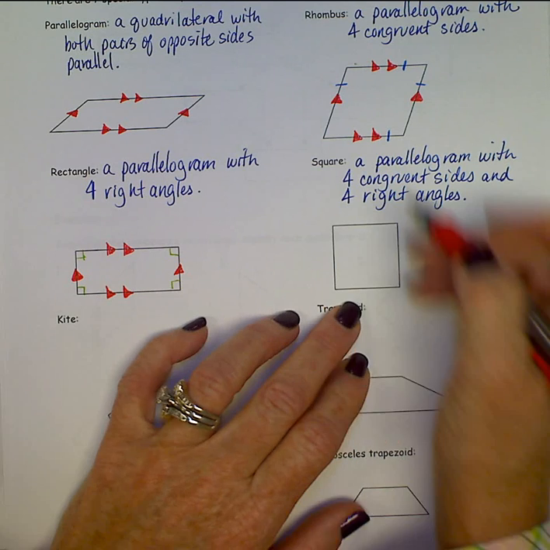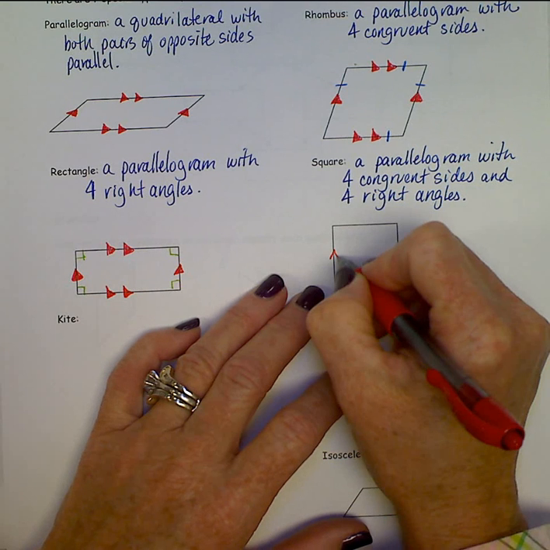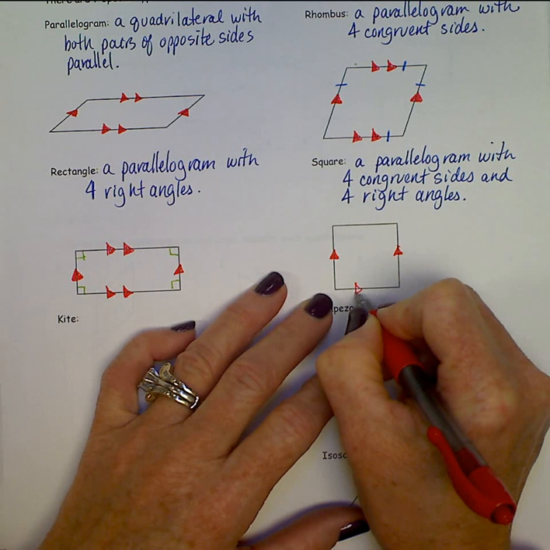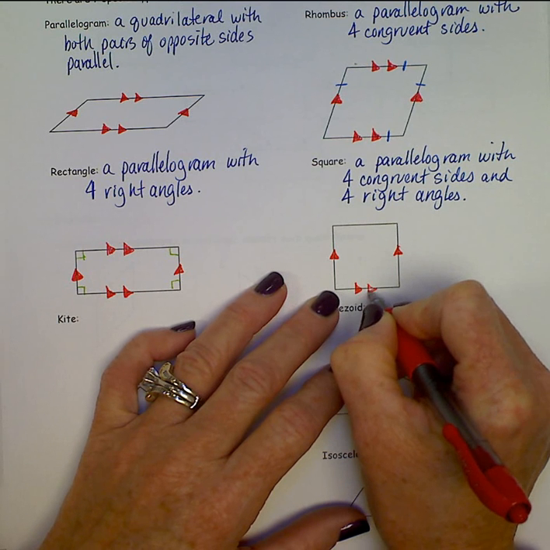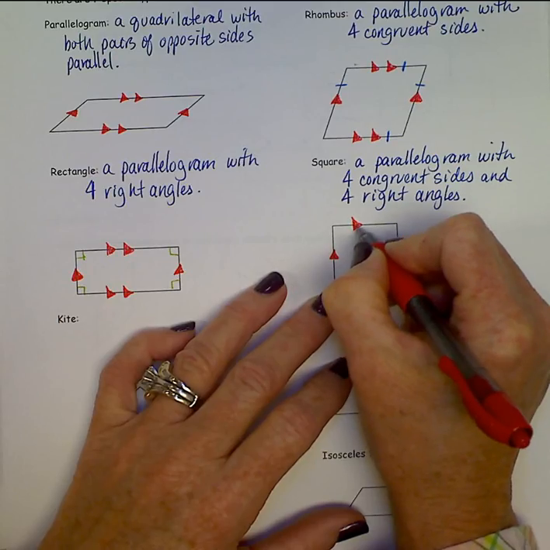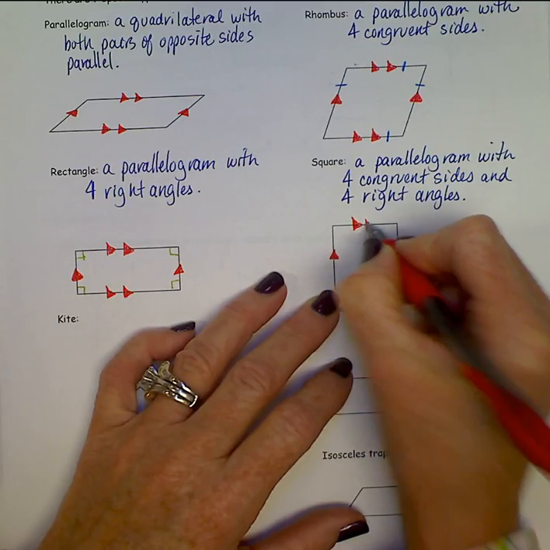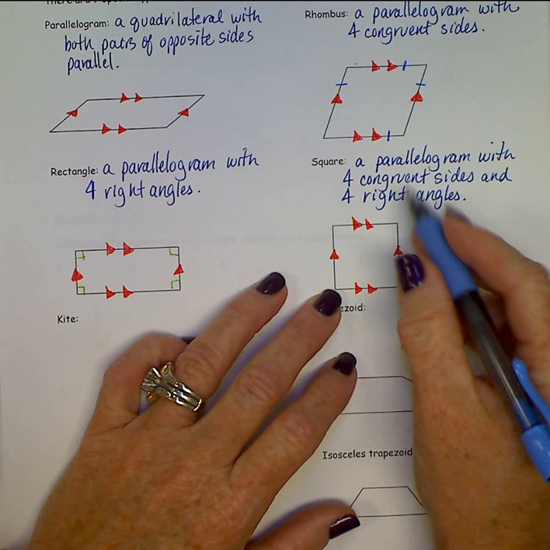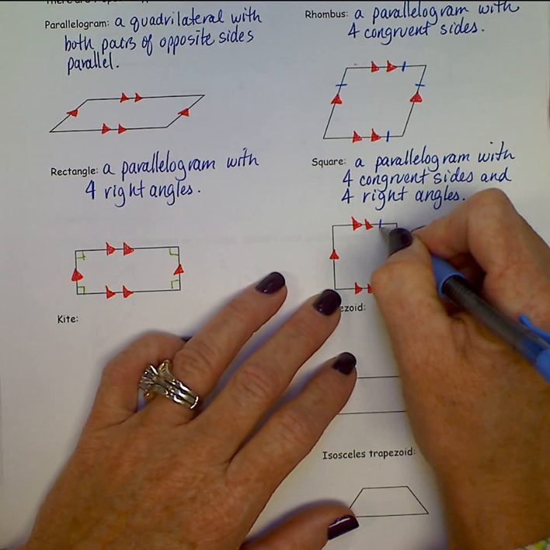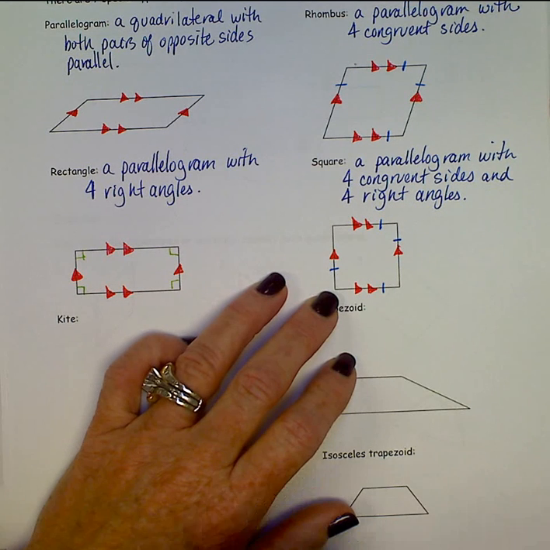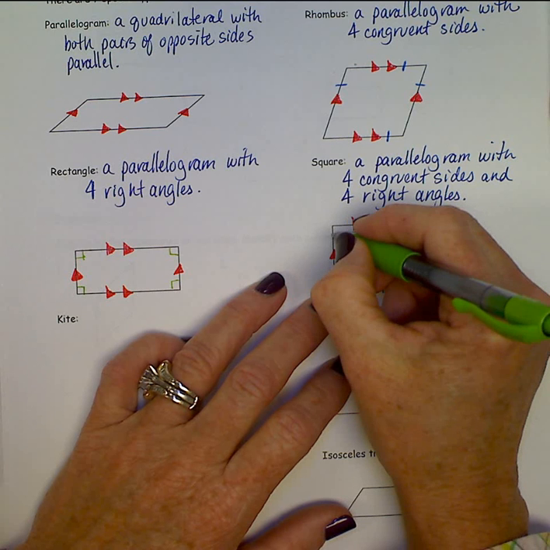Since that square is a parallelogram, we still have the parallel stuff going on. We also have the four congruent sides like a rhombus had. And it has the four right angles like a rectangle.